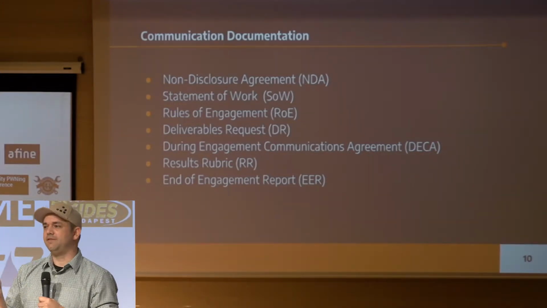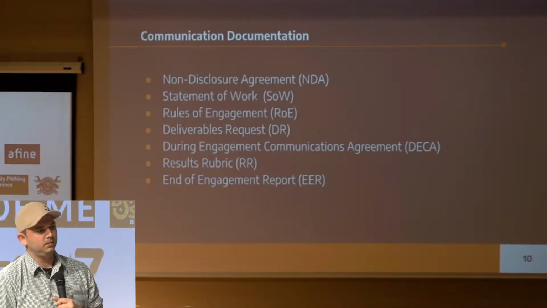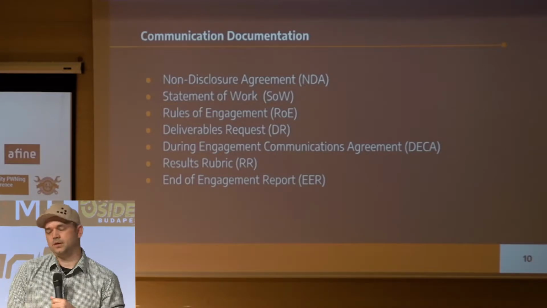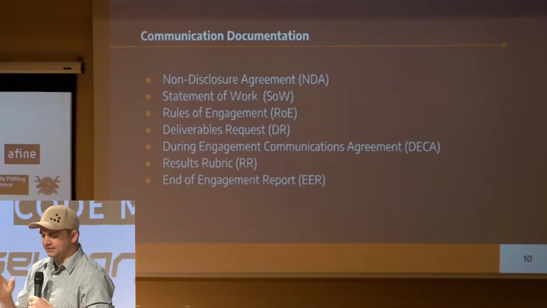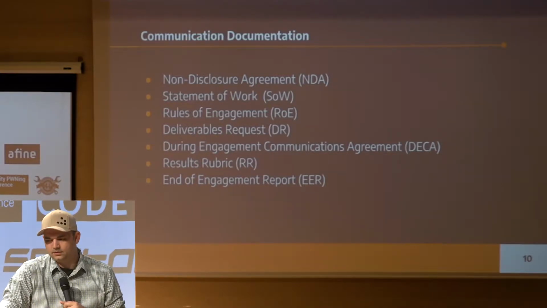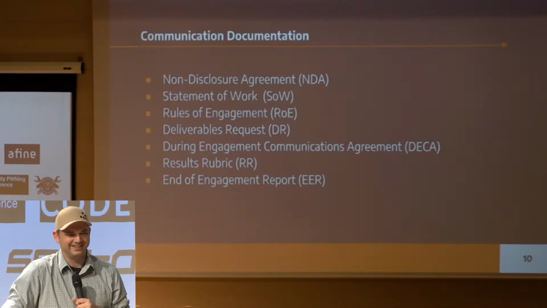It says, if you don't give us the IP range by X time, pen test is off. We still get paid, right? Now, it's not as drastic as that, but it's basically the gist of it. And so during engagement, communications agreement.